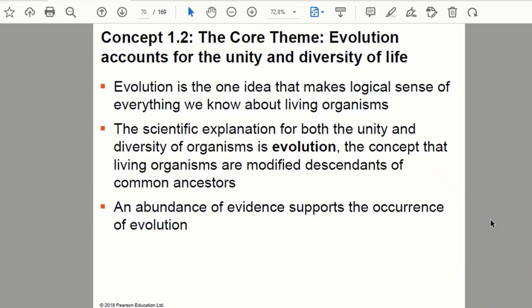So the core theme: evolution accounts for the unity and diversity of life. Evolution is a big concept. I also believe that evolution should not just be part of biology.